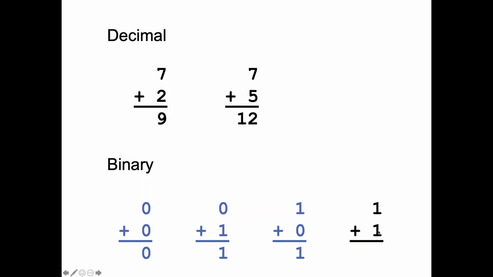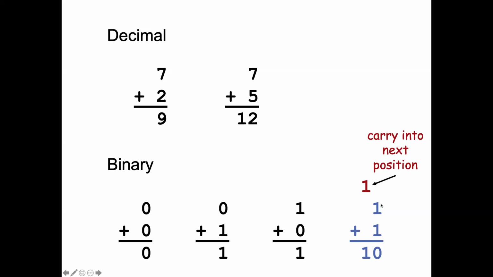So we'll do the same kind of trick we did in decimal. Sorry, so 1 plus 1 equals 2. That won't fit in a single digit. So we'll carry 2 into the next digit position. Just like this position is worth 10 times as much as the previous one in decimal, this binary position is worth 2 times as much as the ones place.